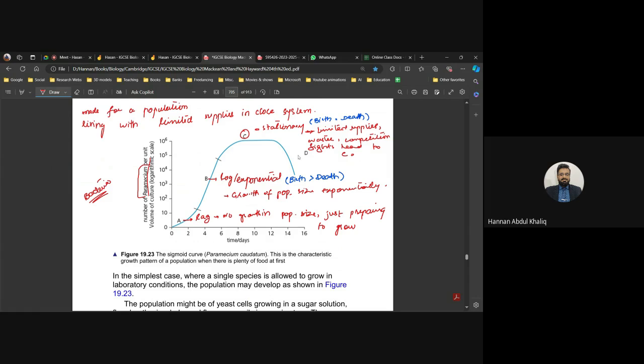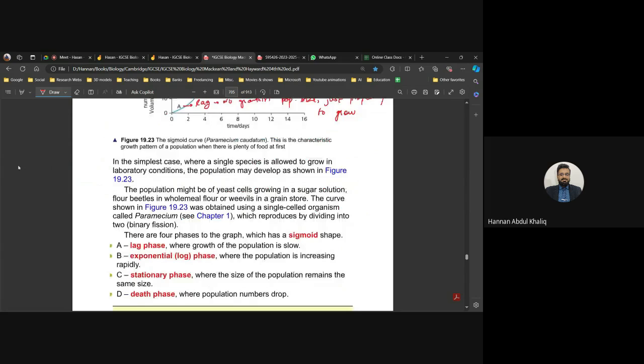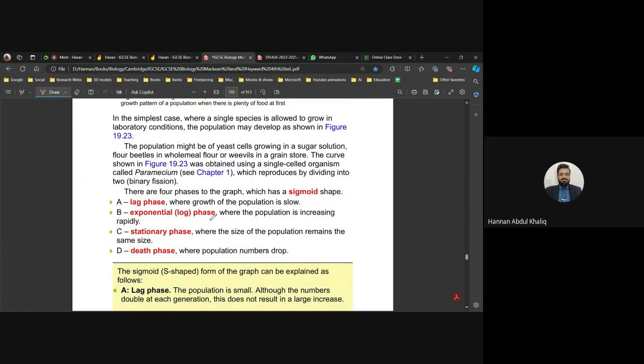The D is called the decline phase, where the death rate is quite higher than the birth rate. Why? Because due to the closed system, there are no further supplies, and the organisms are in competition, ending up all getting finished.